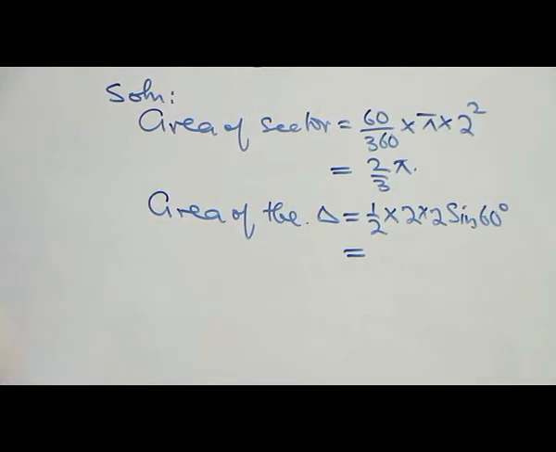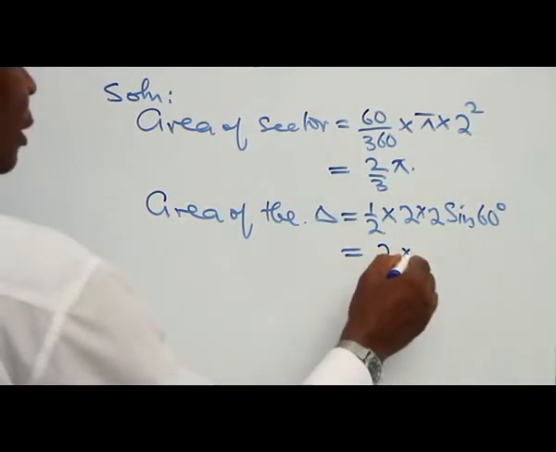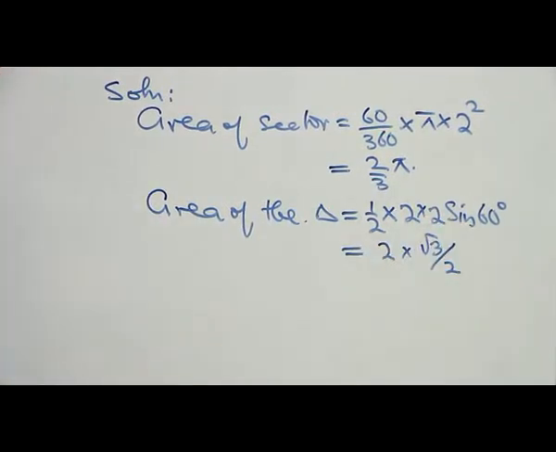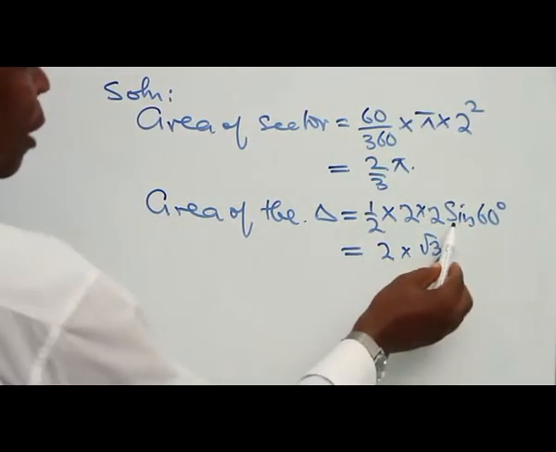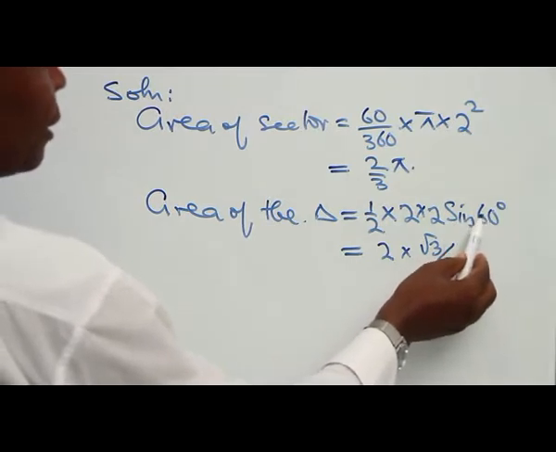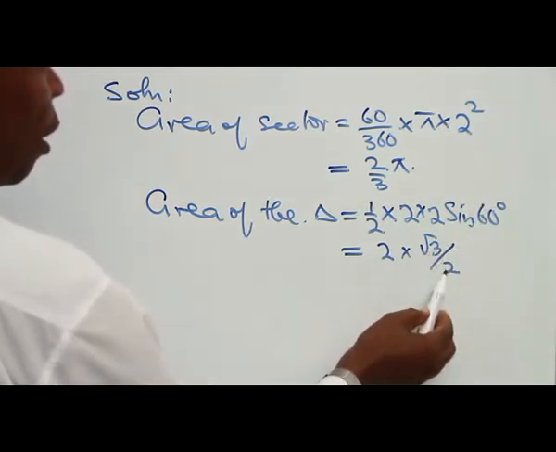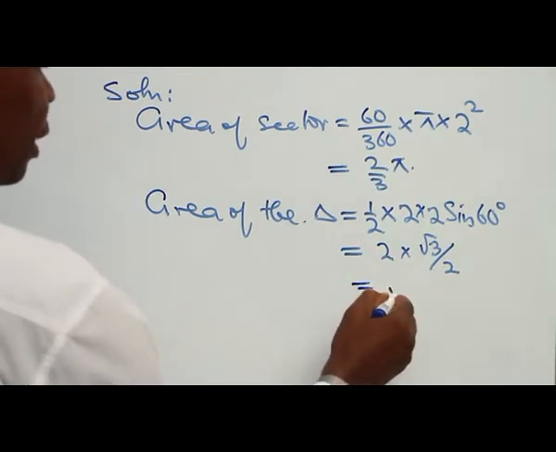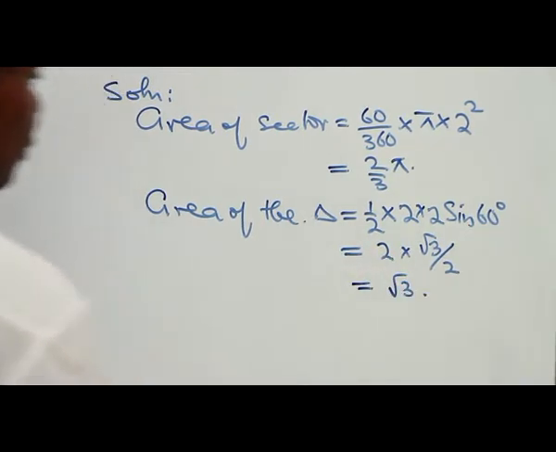This simplifies to 2 times root 3 over 2. Remember the special angles. The special angle sine 60 degrees is equal to root 3 over 2. Now we cancel 2, and that will give us root 3.